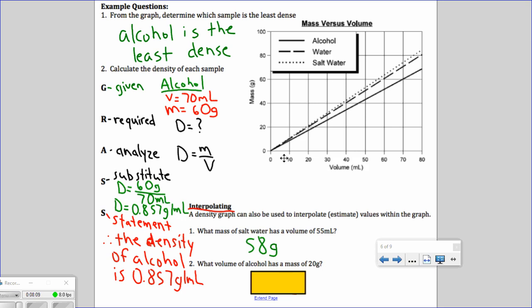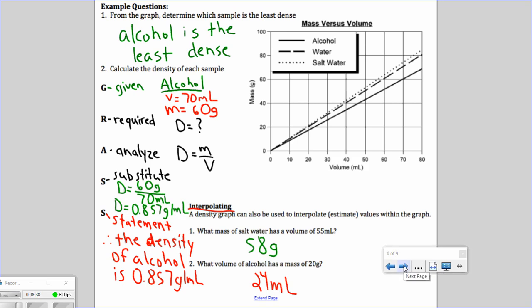Again, we find the line for alcohol and find 20 grams for the mass. We draw a line over to the point where it intersects our line for alcohol, then draw a line down to the volume and estimate that volume. In this case, our volume is 24 milliliters or 25 milliliters, 26 or 23. It's a range. It's an estimate.